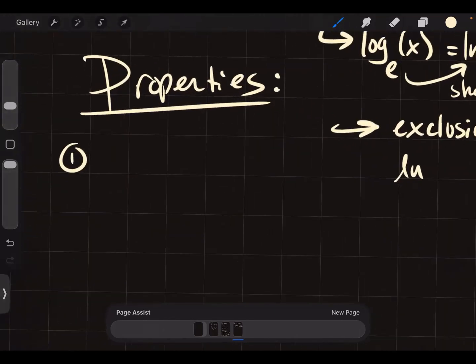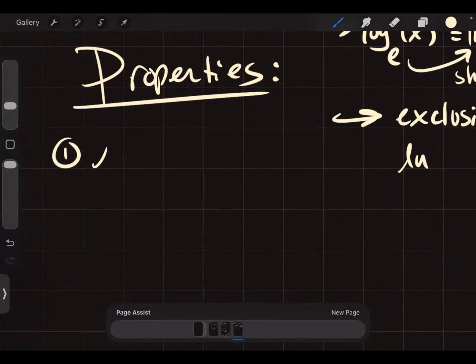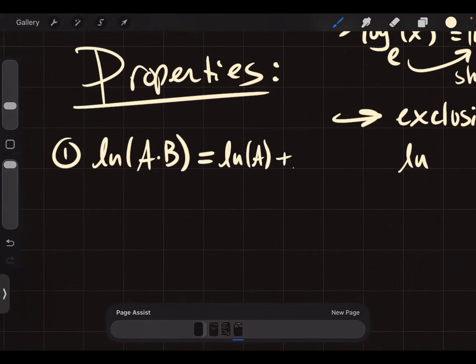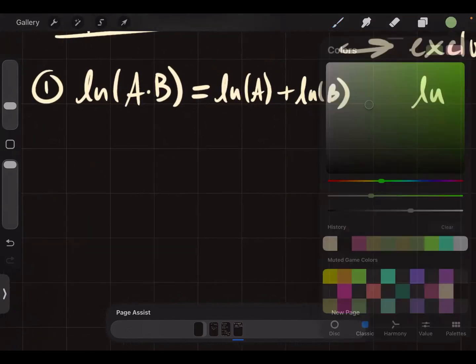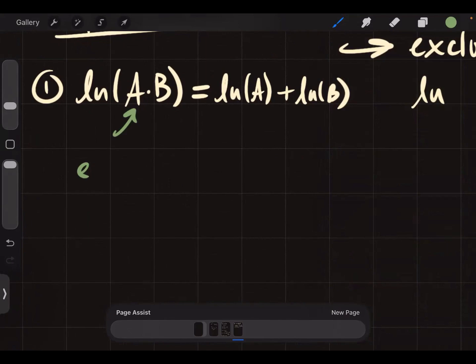So the first law says ln of a times b is equal to ln of a plus ln of b. Because what you're doing is saying e to what exponent, like k, is equal to a, and e to some exponent j is equal to b.